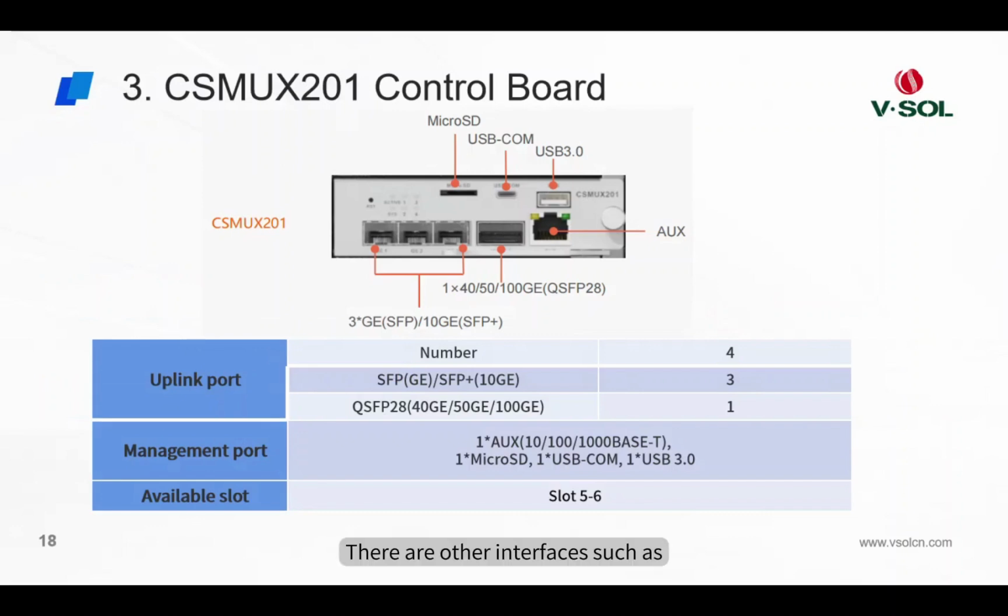There are other interfaces such as 1 AUX, 10 or 100 or 1000 base T, 1 microSD, 1 USB COM, 1 USB 3.0. The available slot to connect control board are slot 5 to 6.